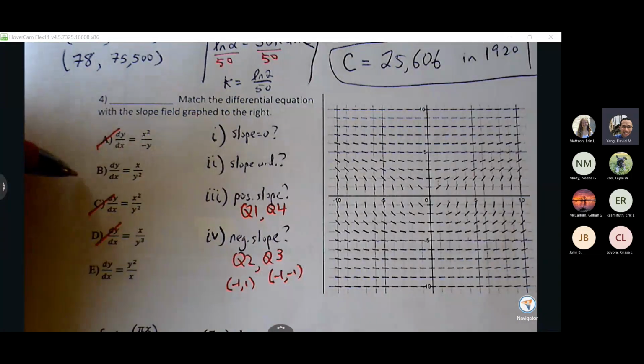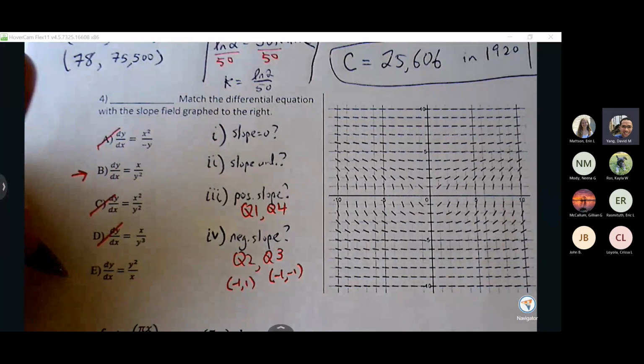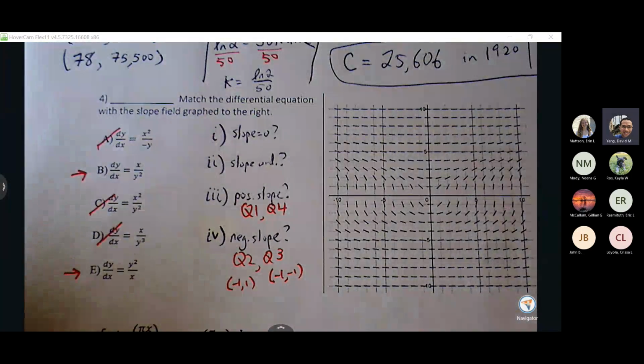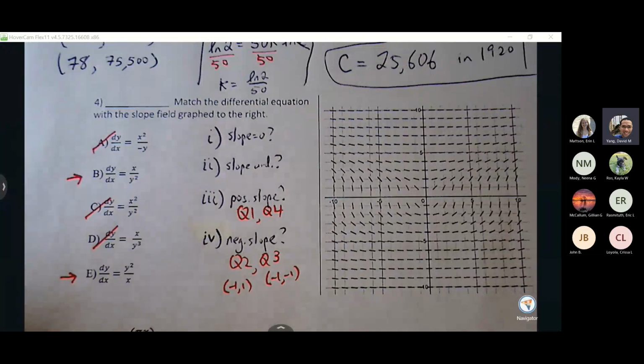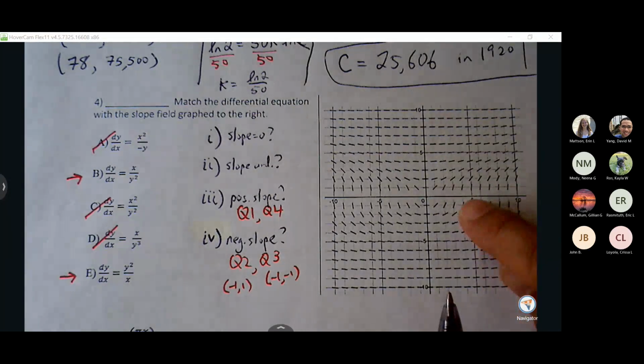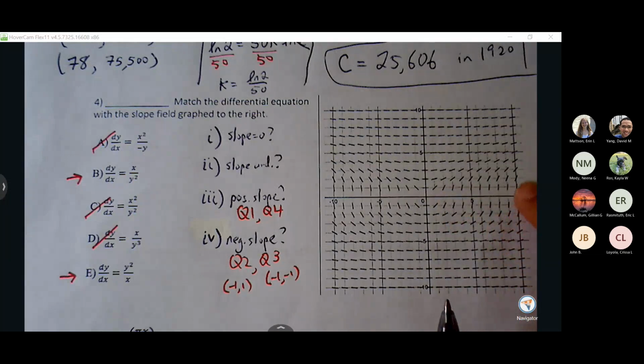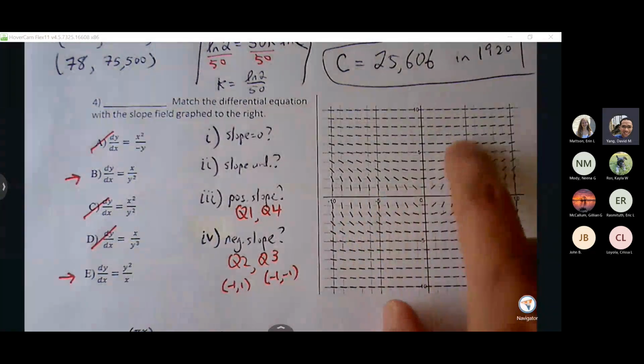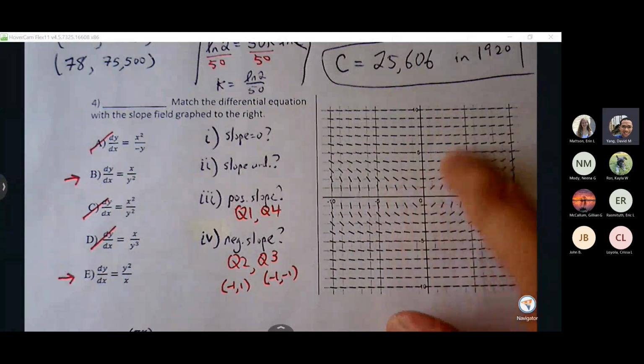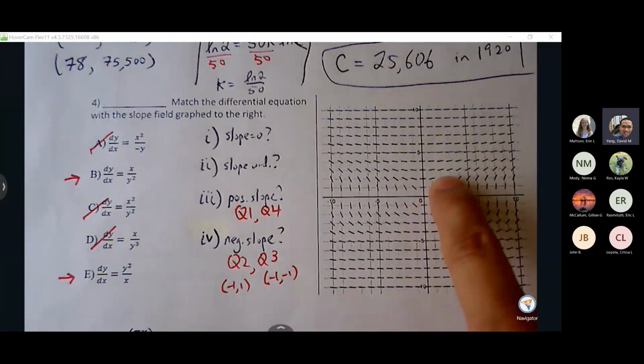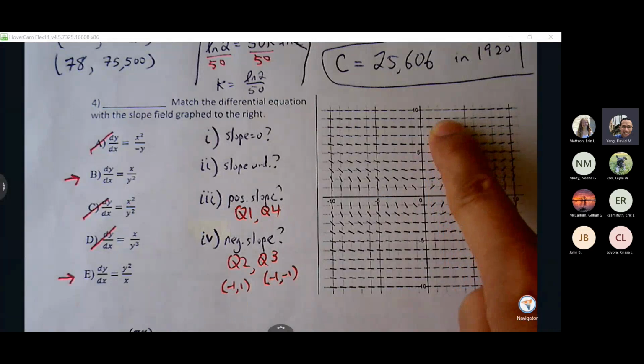Okay, so I'm down to 2 here, either x over y squared or y squared over x. Here I see that as I get further and further up, my slope is getting closer towards 0, right?